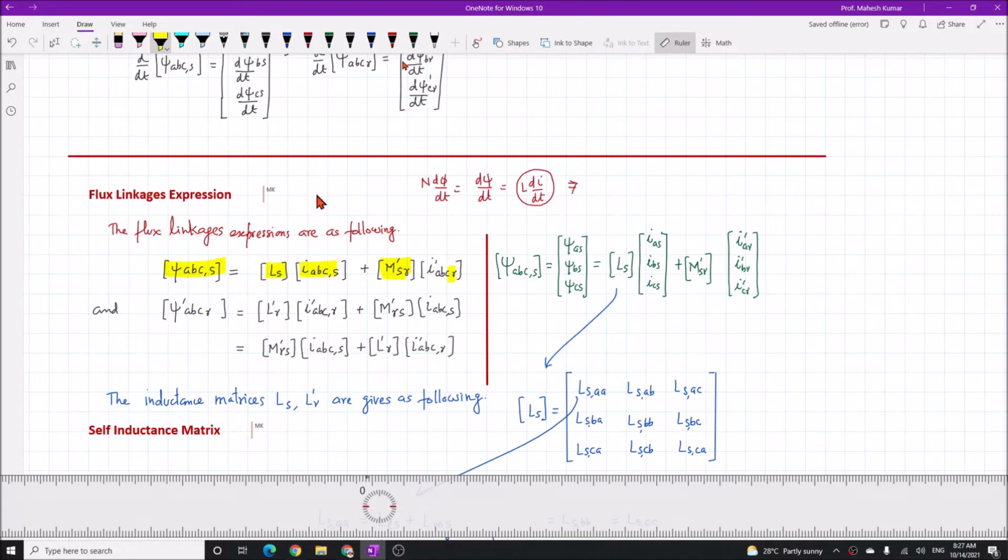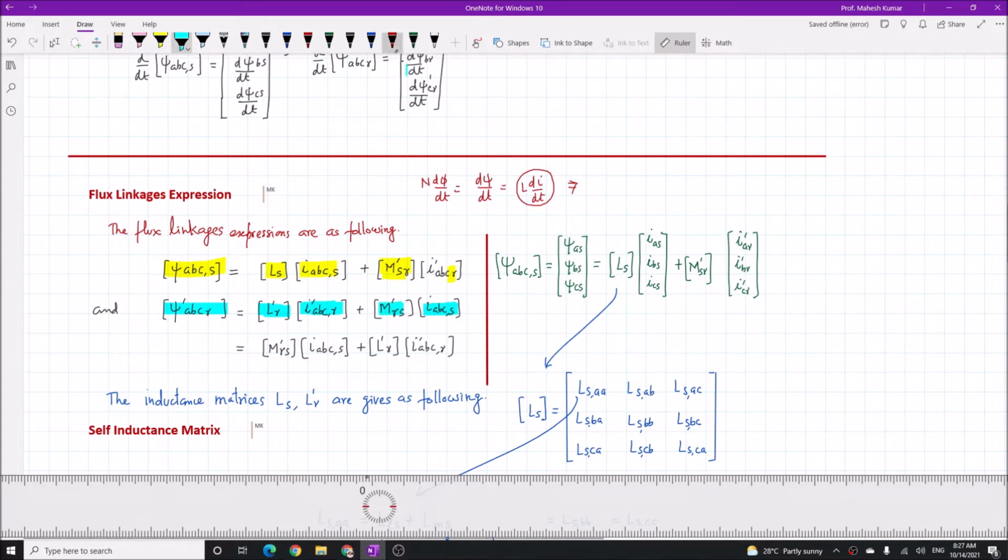In a similar way, we can express the flux linkages of the rotor. The flux linkages of the rotor, phi ABCR dash referred to stator, equals LR dash into IABCR dash plus the mutual inductance between stator and rotor because of stator current, so IABCS, then MRS dash.